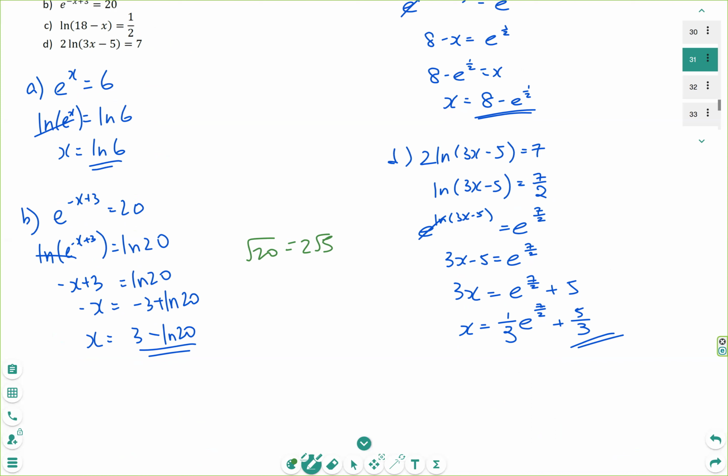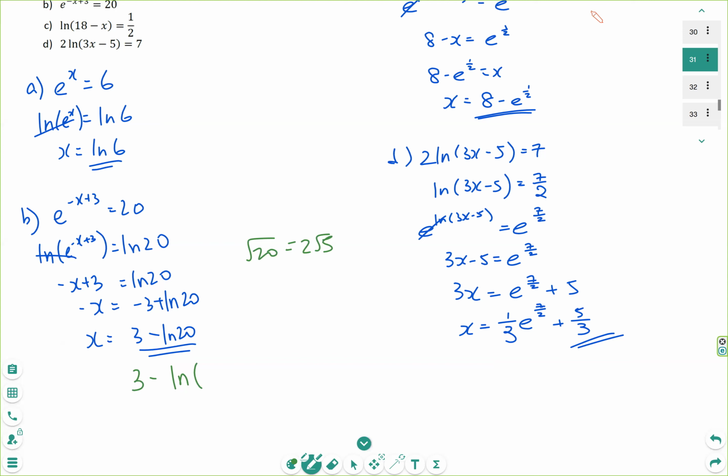If you think about ln 20 being... 2 squared times 5, hang on, it's not 5 squared, it's 4 times 5 is 20. Can we simplify ln 20?